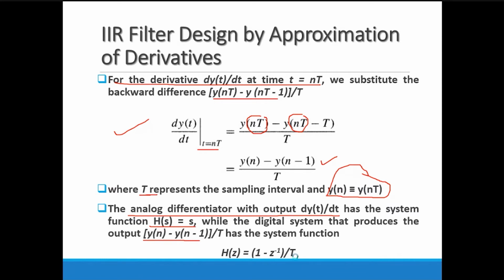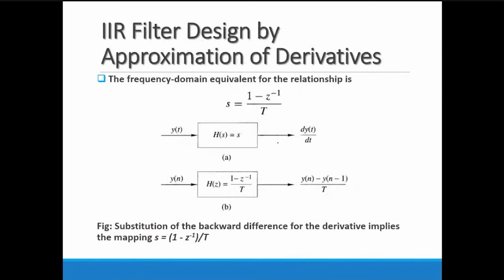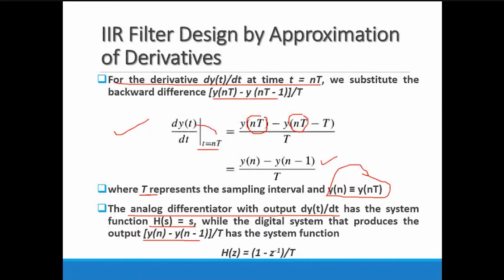If I show you this graphically, using this analog filter, y(t), I'm getting dy by dt, and the system function H(s) is equal to s. The same thing in the discrete domain: y(n) will be y(n) minus y(n-1) divided by T, as we have seen, where y(t) is now sampled at t equal to nT.